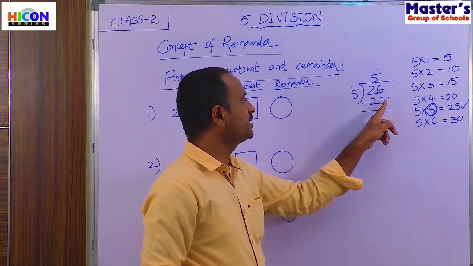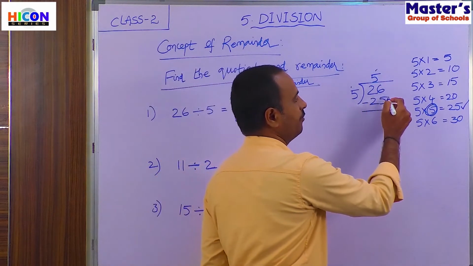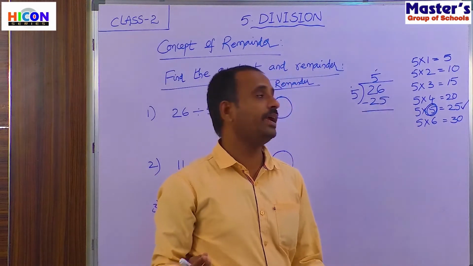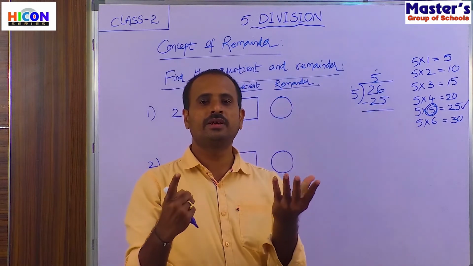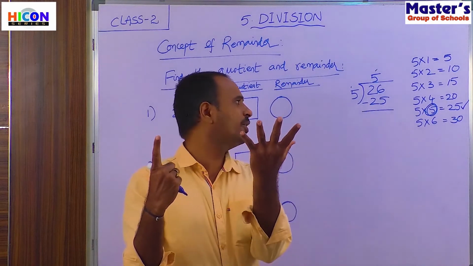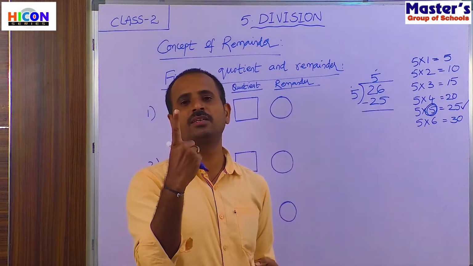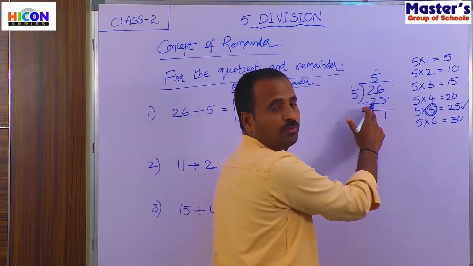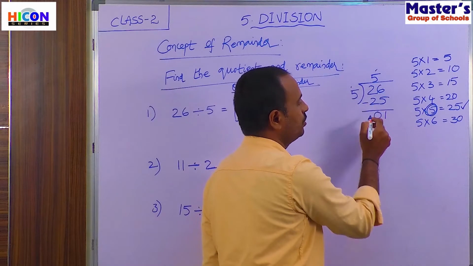What are the digits in the ones place? 6 and 5. First subtract 5 from 6. Take 6 fingers and close 5 fingers. How many fingers are there? 1 finger. So 1. And 2 minus 2 is 0.